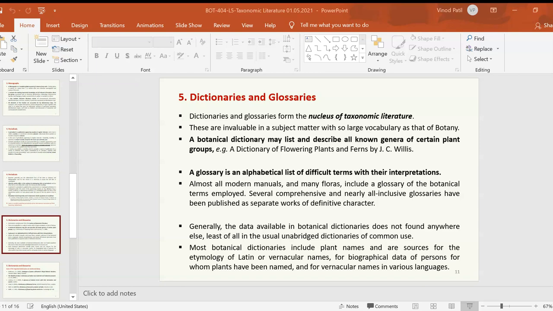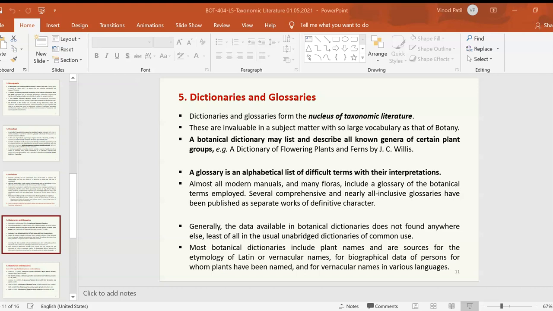Now, we will look at the dictionaries and the glossaries. Glossaries, what is called glossaries. So, dictionaries and glossaries form the nucleus of taxonomic literature because, dear students, as we are new to this taxonomy field, we may come across many new technical terms.